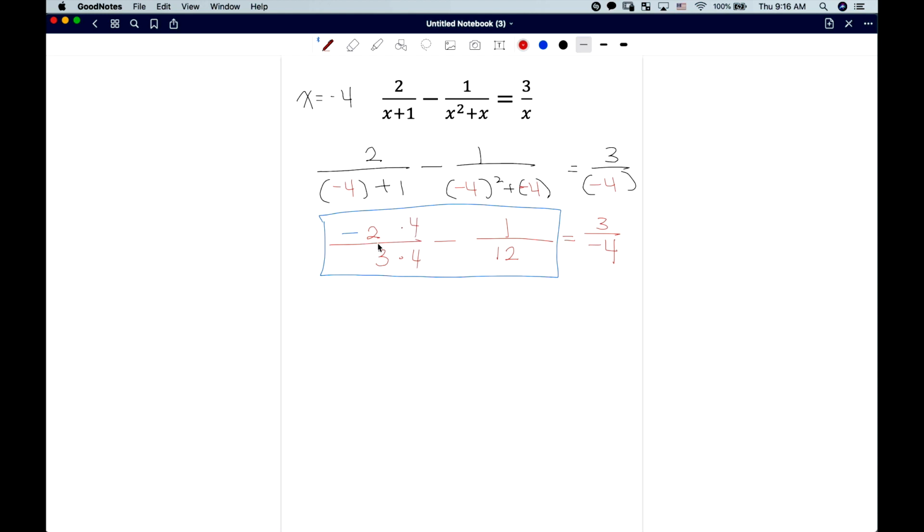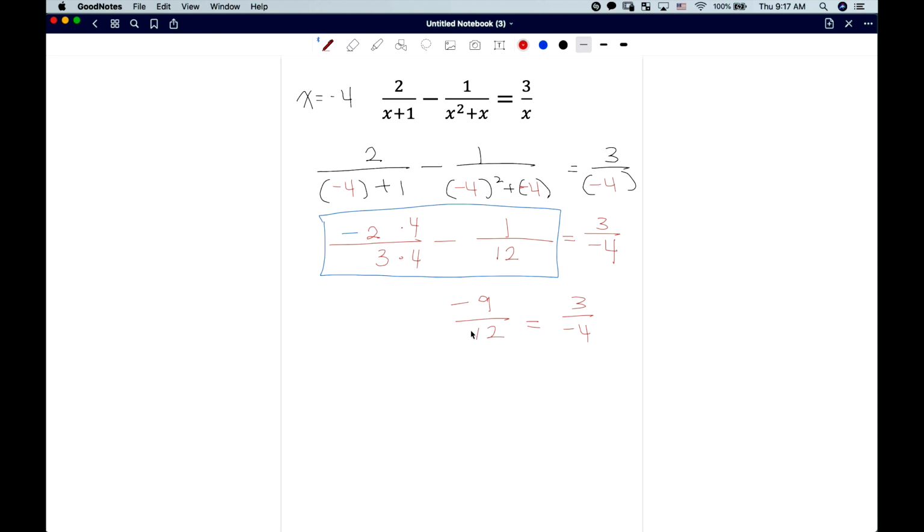So that's going to be -2 times 4 is -8. 3 times 4 is 12. Okay, same denominator, so just worry about the numerator. Negative 8 minus 1 is negative 9. Leave the denominator alone, so this is going to be negative 9 divided by positive 12.